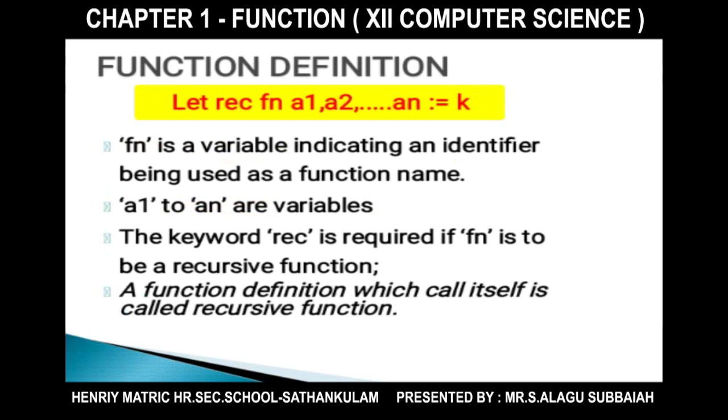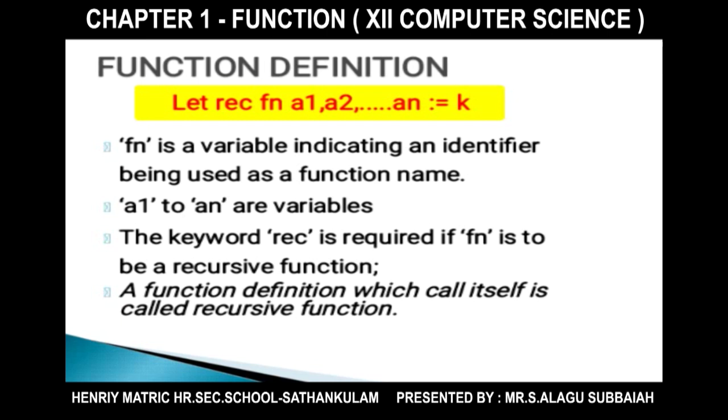Next, function definitions. This is the elaborate explanation of function definitions. So how will the function be? Every function starts with the keyword let. Let is the keyword with which every function begins. And next, rec. Rec is also a keyword.